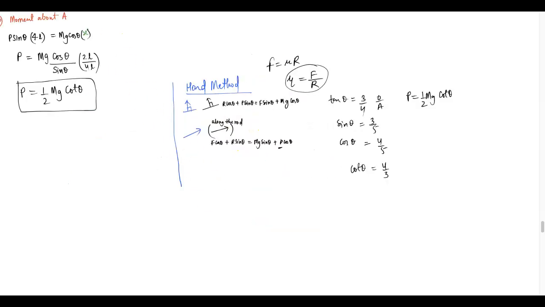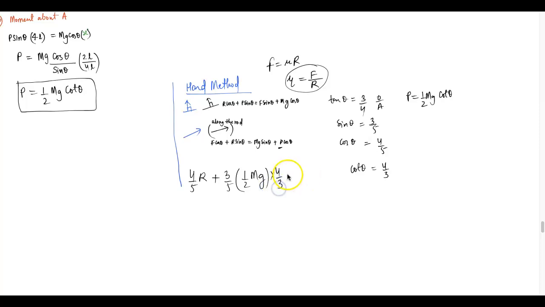Okay. So let's take the first equation, that is R cos theta plus P sine theta, substituting the values there. Cos theta is 4/5, so we're going to get 4/5 of R plus, P is half mg, sine theta is 3/5 times half mg.